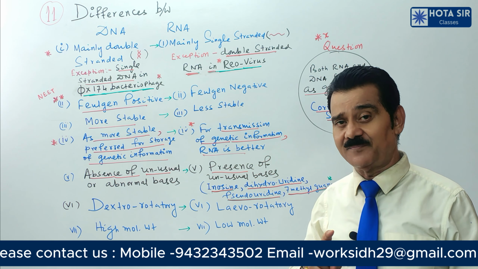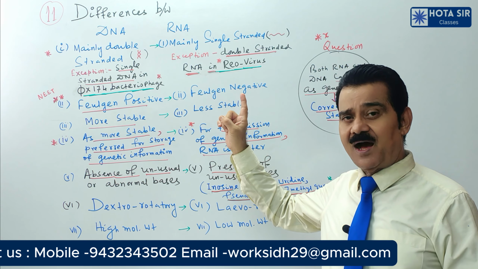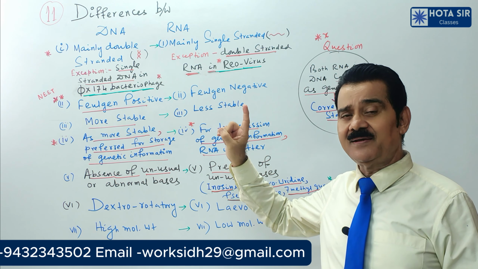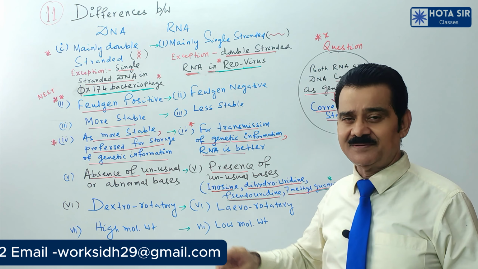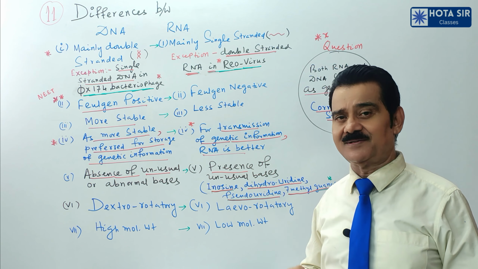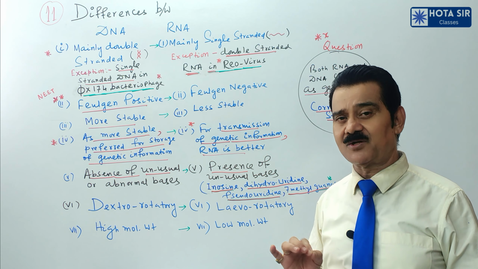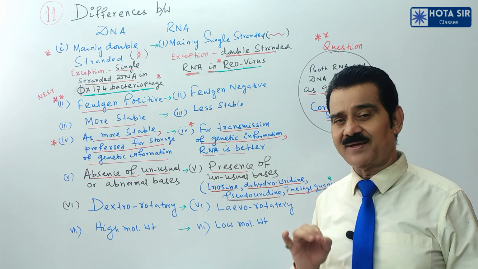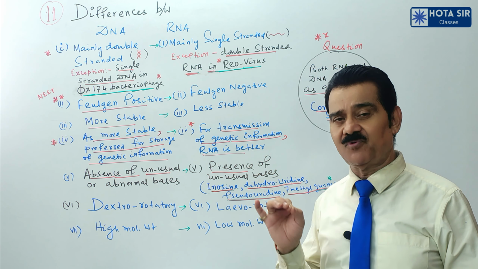Very, very important. Similarly, RNA is mainly single-stranded, but the exception is found in reovirus, wound tumor virus, and rice dwarf virus, where the RNA is double-stranded. But at least remember two examples, that is phi X 174 bacterial virus and reovirus.